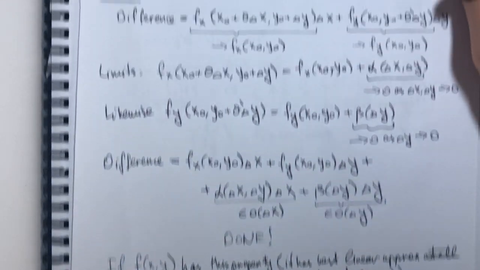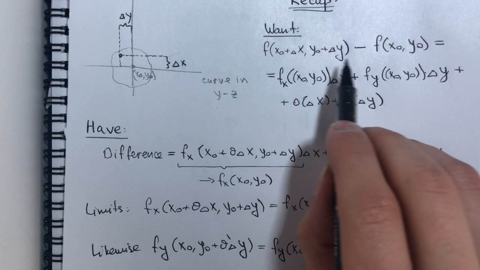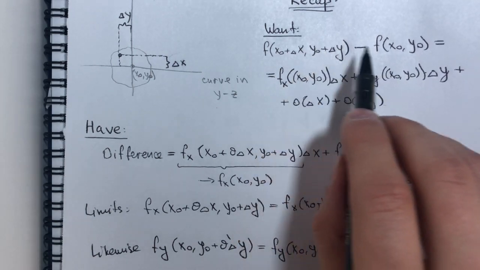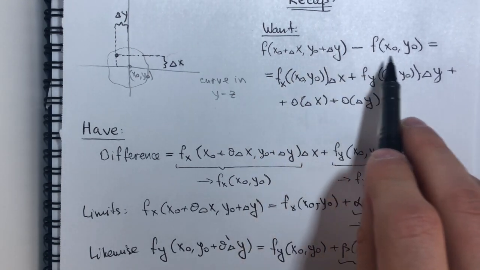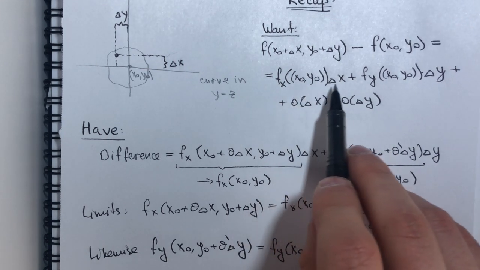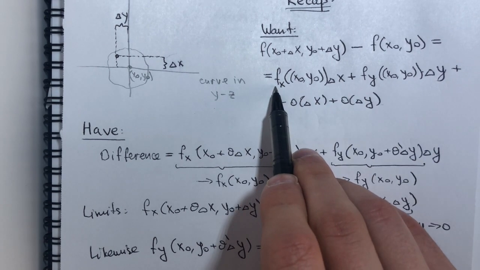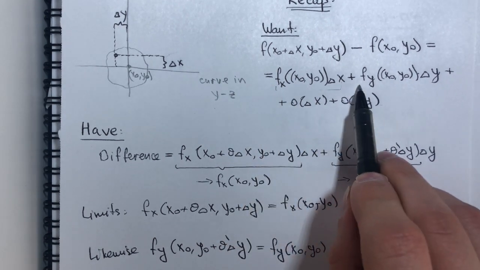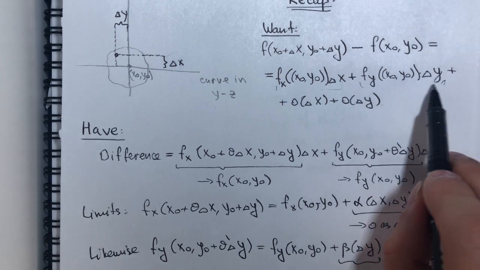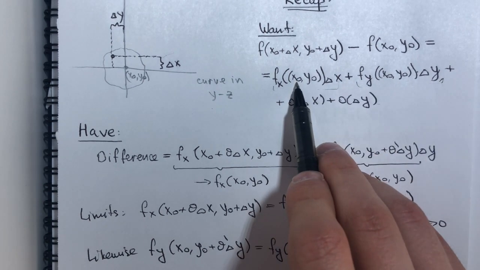So the reason is because the main component of a change of this difference is coming from linear terms with respect to delta x and delta y. So this is a differential, this is a differential. These are terms that are linear in delta x and delta y because the derivative stays fixed.